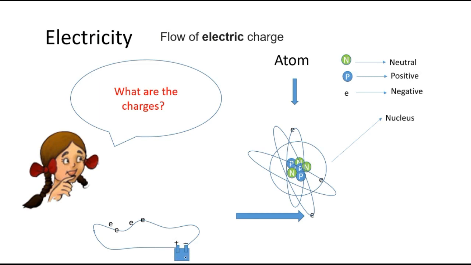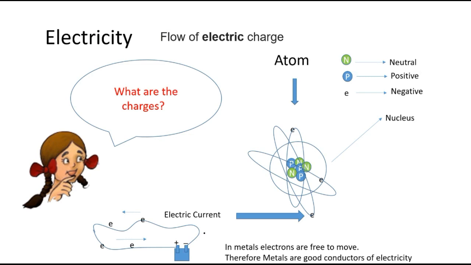The electrons will start moving from the negative terminal and push all other electrons, and the movement of electrons starts all over the wire, and then we say that there is a current flowing in the wire, right? And you know that in metals electrons are free to move, therefore metals are good conductors of electricity.